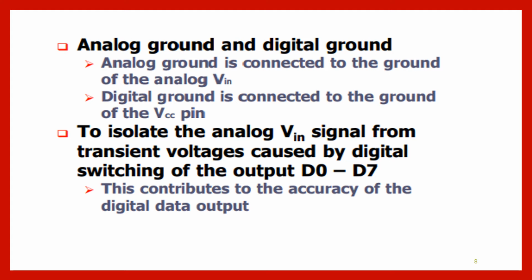Such isolation definitely improves performance in terms of the accuracy of the digital data output. In some cases both are just connected to the same ground, but in real world data acquisition, these are handled separately.